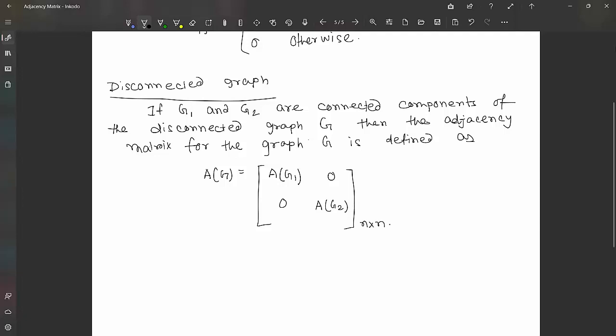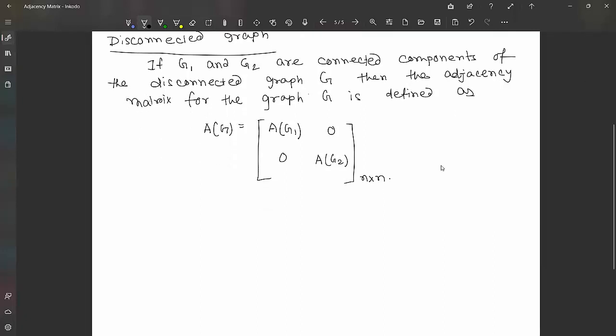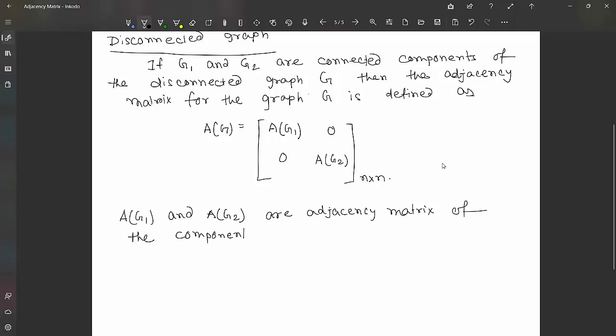The n is the total number of vertices of the graph G. So this is AG, where AG1 and AG2 are the adjacency matrices of the components G1 and G2 respectively.